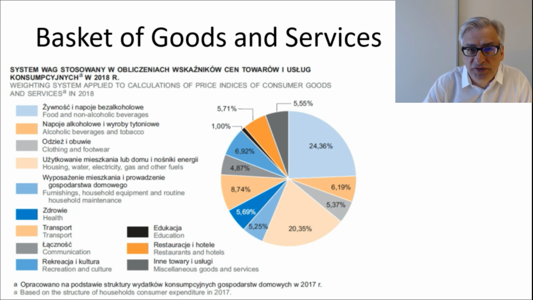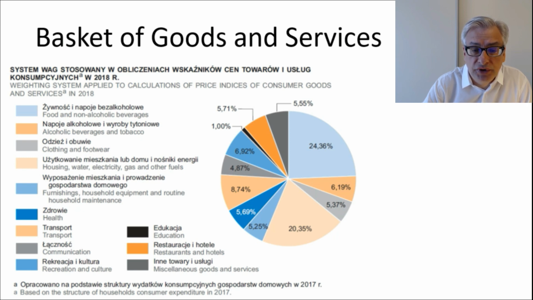Obviously, again, for foreign students, you can look at the data from your statistical office, and certainly you will find similar graphics showing the basket of goods and services. So this is a structure of expenditures made by households. And you can see that in Poland, the greatest part, nearly a quarter of all the expenditures, is money spent on food and non-alcoholic beverages.